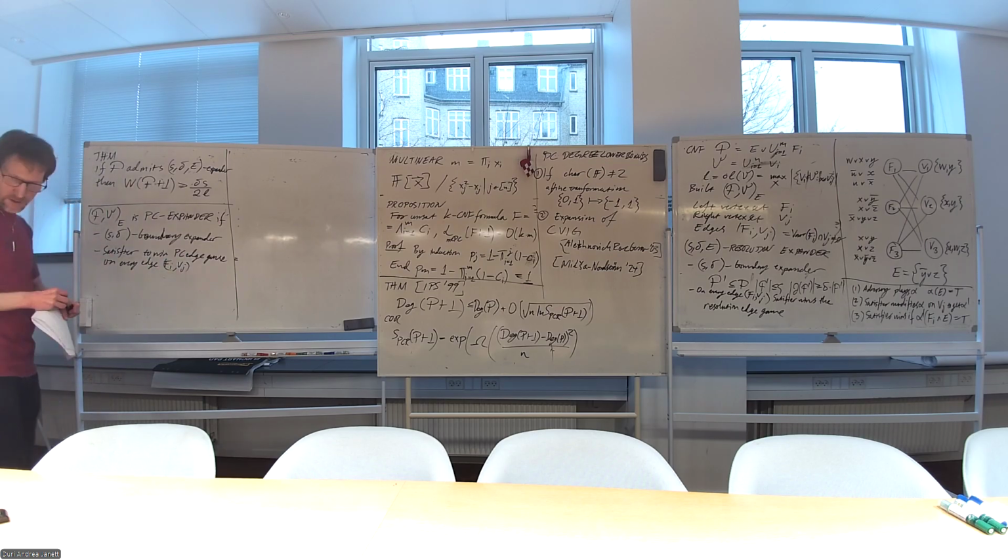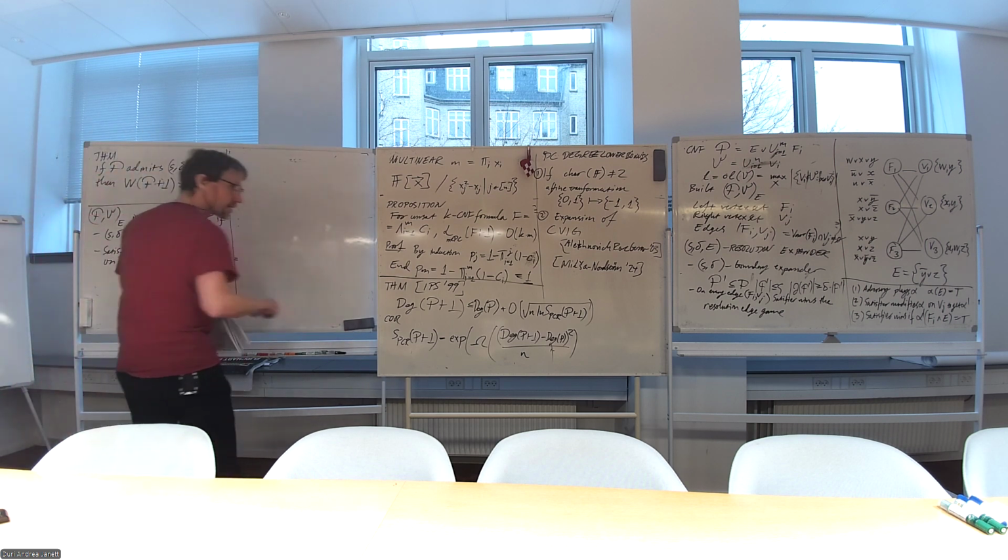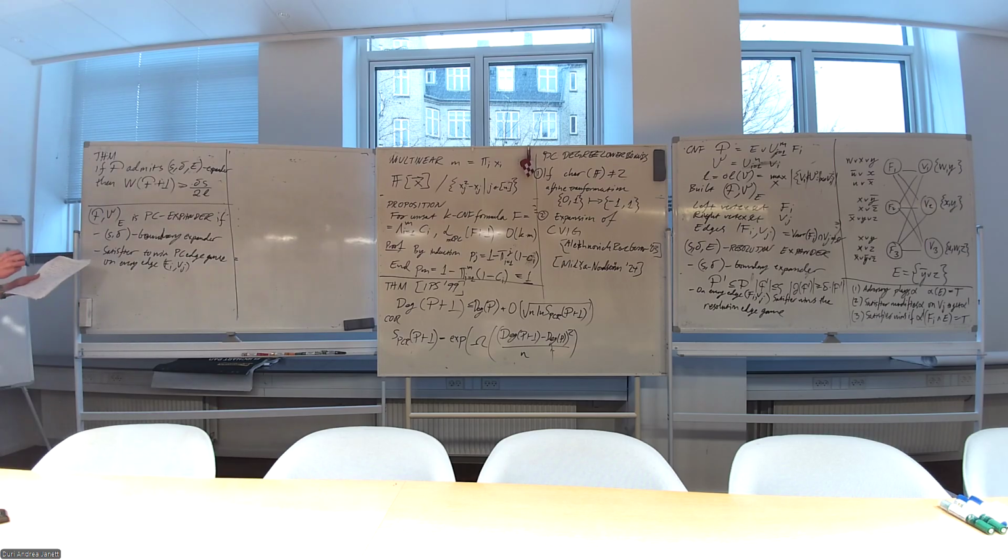Okay, so what is the polynomial calculus edge game? It is the game where you basically switch the order of play. Okay, so we know we're going to play on this edge.